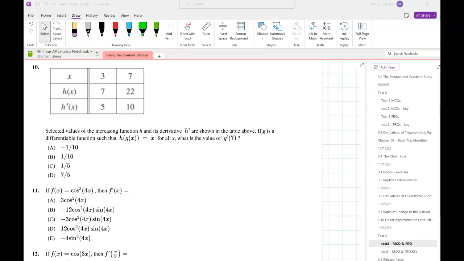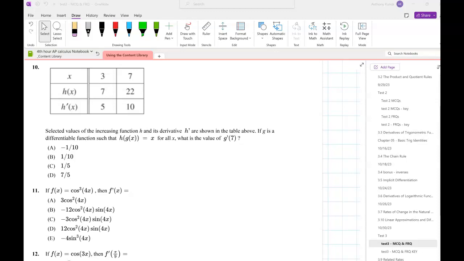So when we see h of g of x is equal to x, what does that mean? The inverse? It means that h and g are inverses. Now, if you didn't remember that, you would do what Katie did, which is just take the derivative of both sides of that. But if you remember that that statement means that h and g are inverses, you could go straight to g prime of x equals 1 over h prime of g of x.